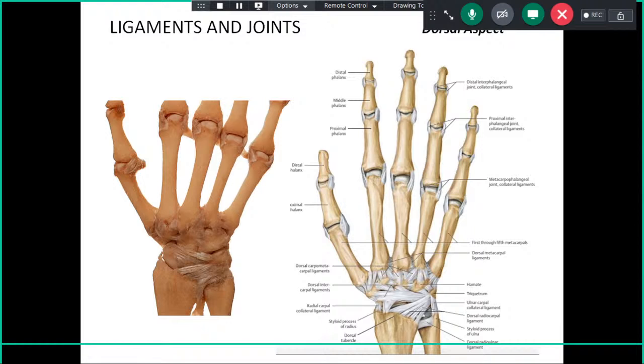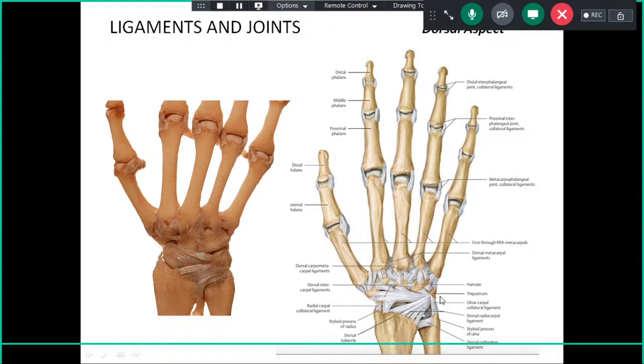These are the ligaments and the joint orientation of joints from the dorsal aspect. In this image, it is written that these are the collateral ligaments of the metacarpophalangeal joints. I'll come to that when I talk about the metacarpophalangeal joints. We have a number of collateral ligaments, and these collateral ligaments hold the same for the proximal and the distal interphalangeal joints also.